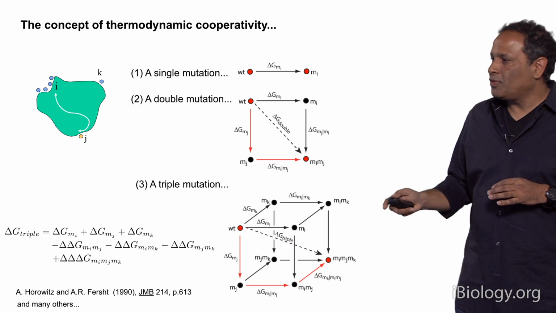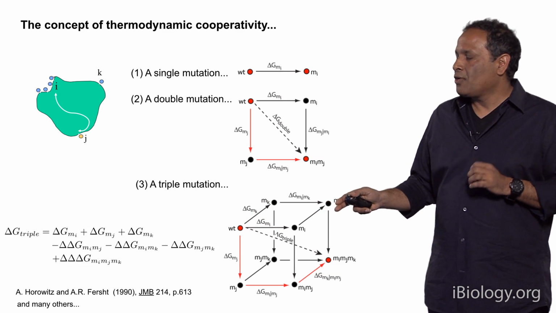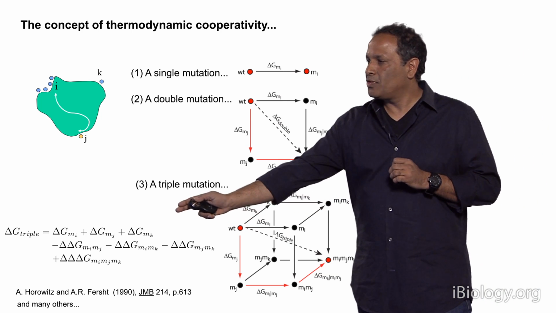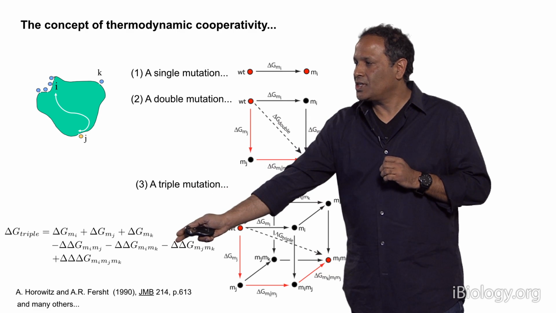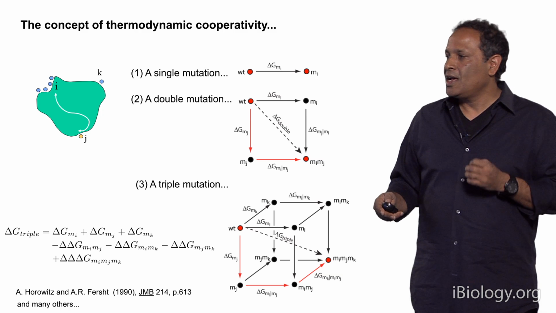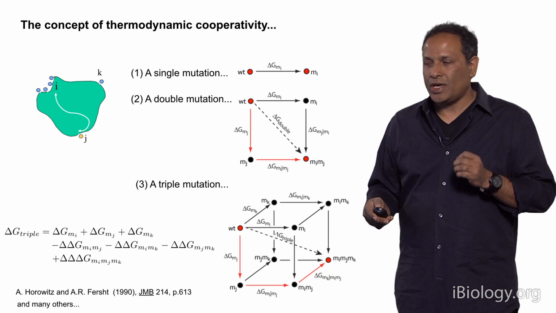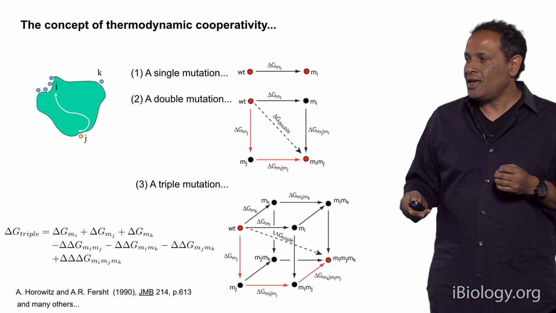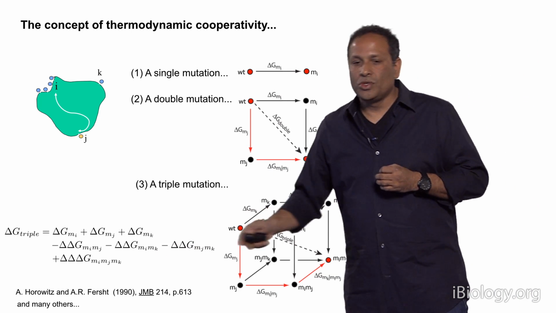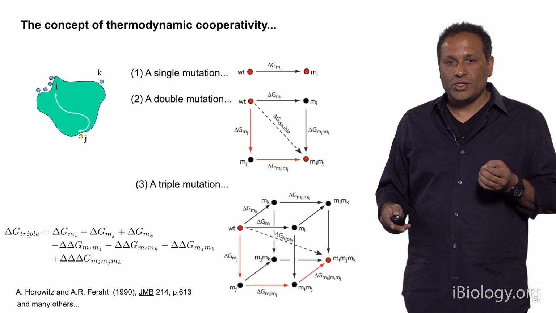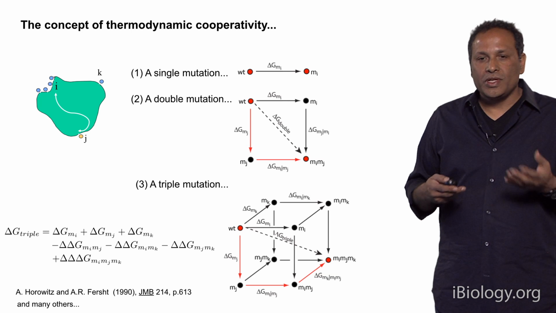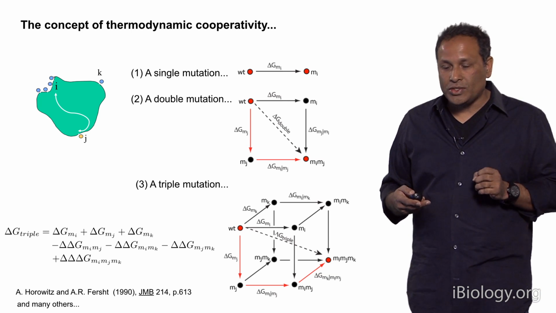And without derivation, I'll just make a simple point, which is that formally, to describe the energetic effect of a triple mutation, one has to consider the additive effect of the 3 single mutations corrected by all the underlying pairwise couplings, that is to say, the coupling between mutations I and J, the coupling between mutations I and K, and the coupling between mutations J and K. And then there's a new quantity that emerges, which is a three-way coupling, a delta delta delta G, which is the degree to which all three mutations interact, which is not simply the additive effect of their underlying pairwise interactions.